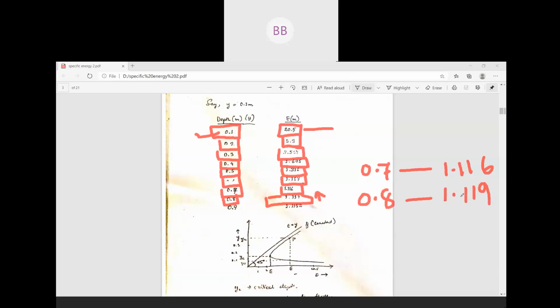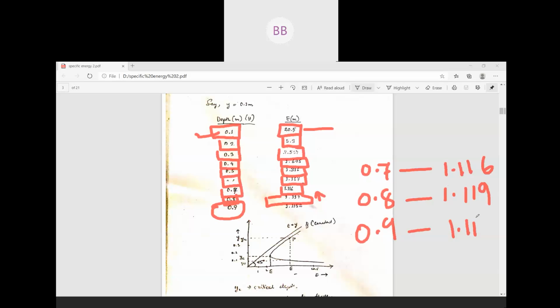That means it started increasing again. Then again we increase the depth of flow to 0.9, and you can see it again started increasing, 1.1152.